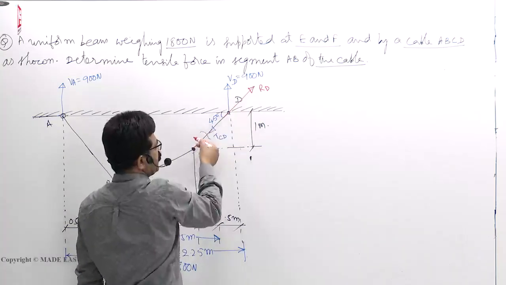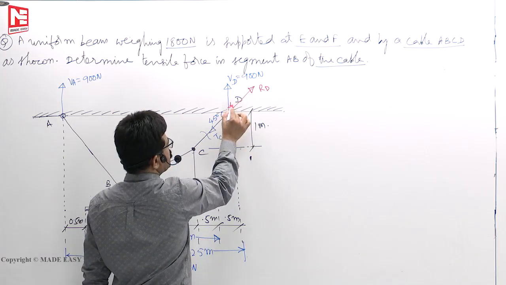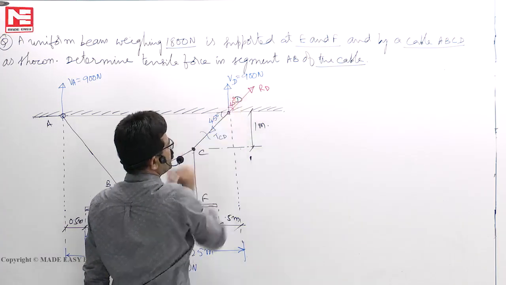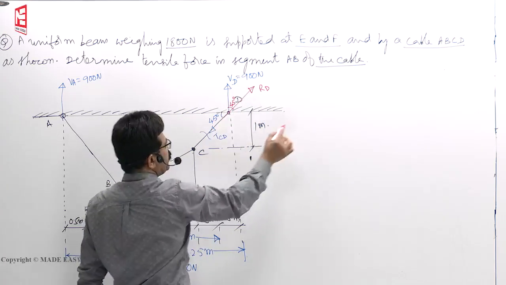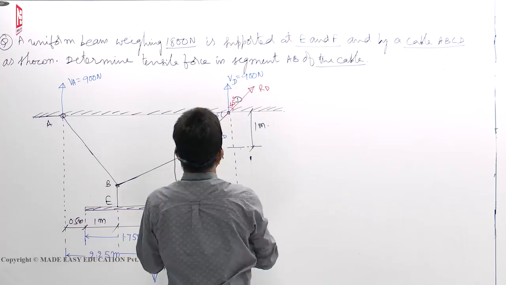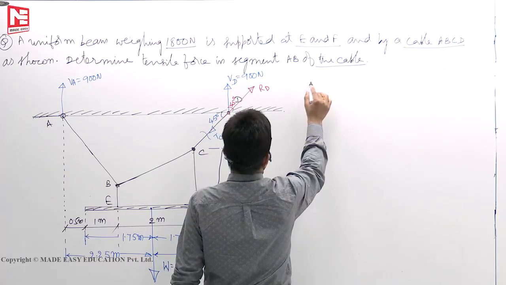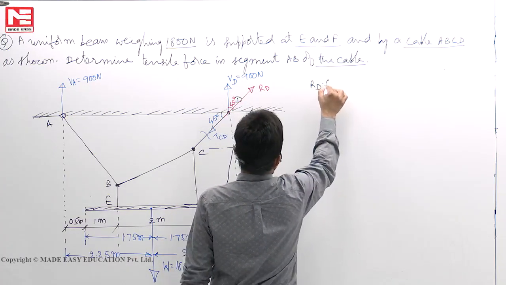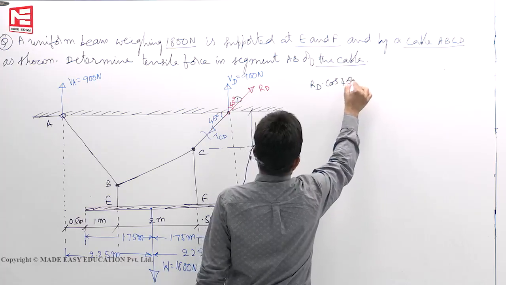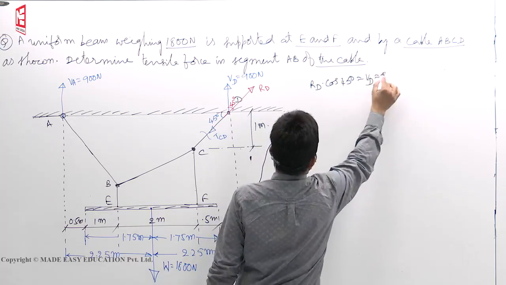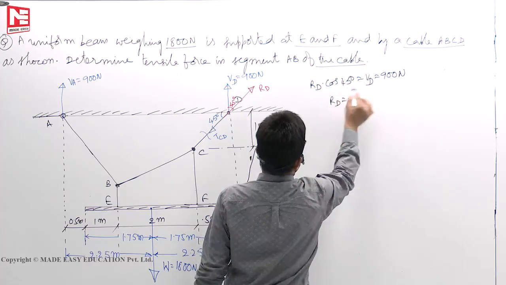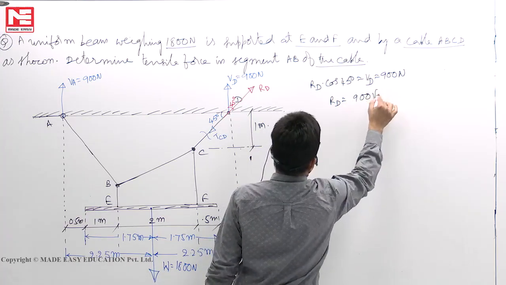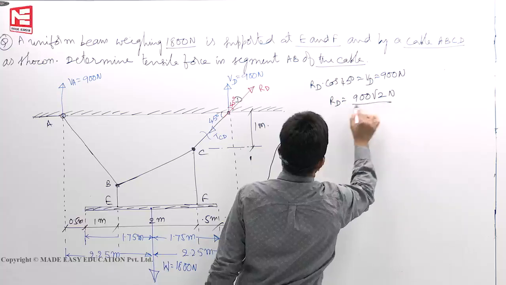If this is 45 degrees, this has to be 45 degrees. Then if angle is known, VD is known, I can find RD. What is RD? RD cos 45 must be equal to VD, which is 900 Newton. Now RD is 900 by cos 45, that means 900 root 2 Newton.